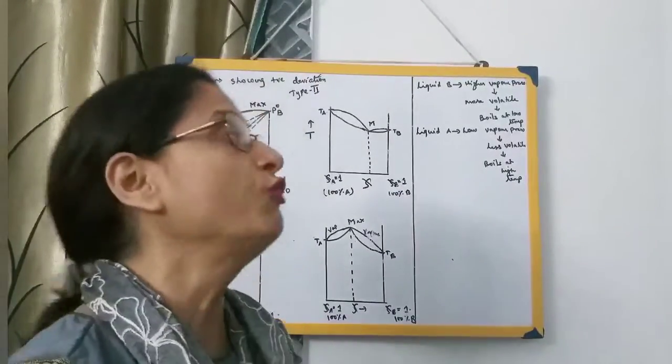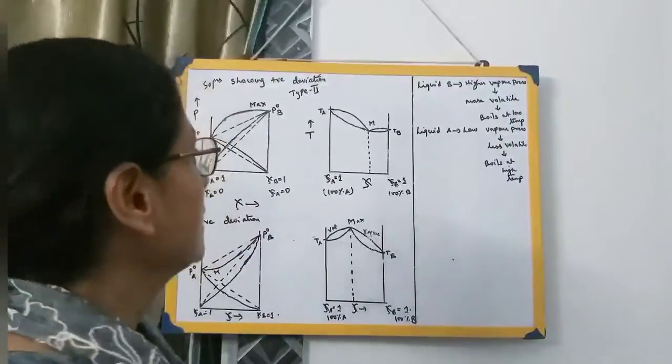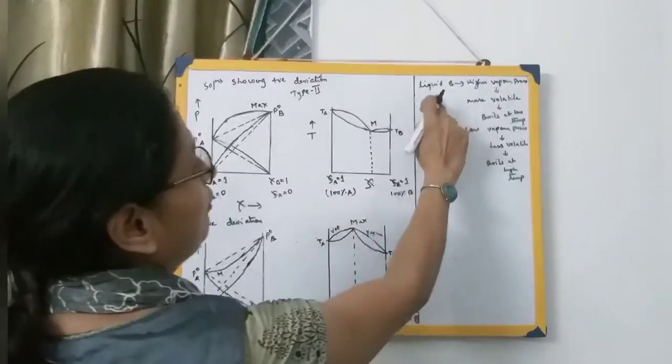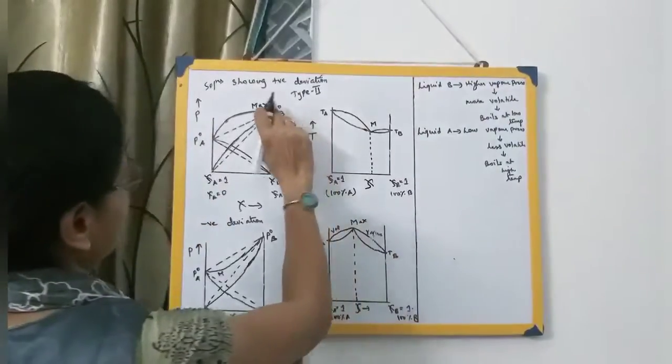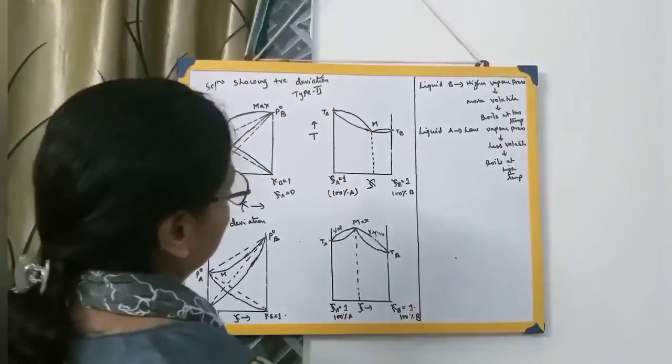If it is more volatile, obviously it will boil at a lower temperature. So look here, this liquid B has a high vapor pressure as compared to A. It is a more volatile liquid and it boils at a lower temperature.